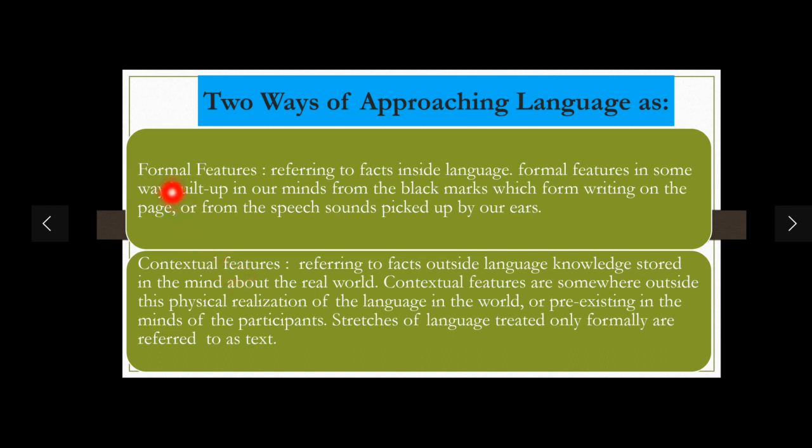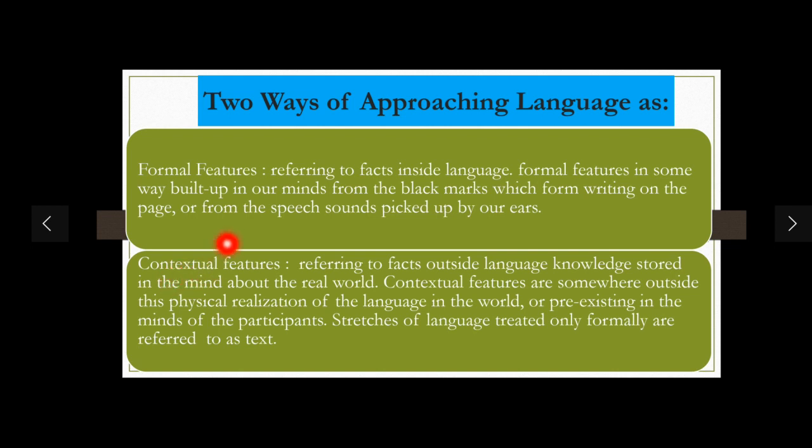So then cohesion will be something concrete, which has physical realization, while coherence is something abstract. We cannot see it, but we can logically think whether the sentences are logically connected or not.